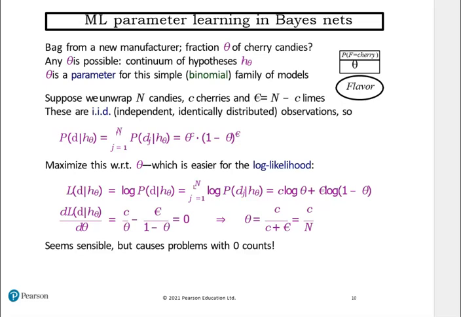So the maximum likelihood hypothesis then tells us that the actual proportion of cherry candies in the bag is equal to the observed proportion in the candies we unwrapped so far. So it seems that we've done a lot of mathematical work here and ended up with the obvious, right?